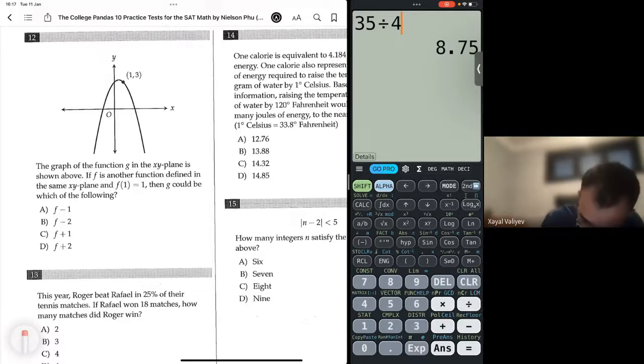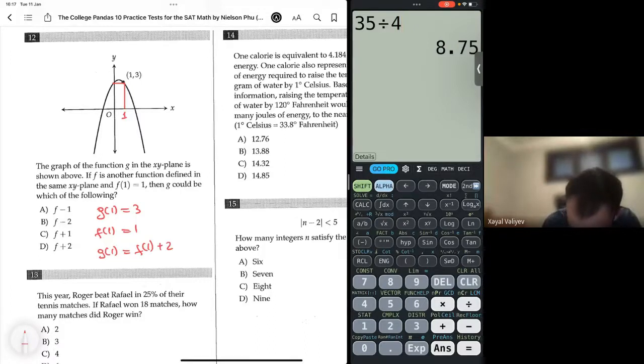As you can see, at 1 this is the graph of g. At 1, g is getting 3, like g(1) equals 3. And what we know, f(1) equals 1. That means g(1) equals f(1) plus 2.